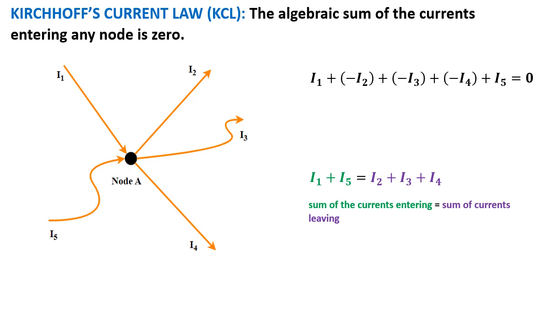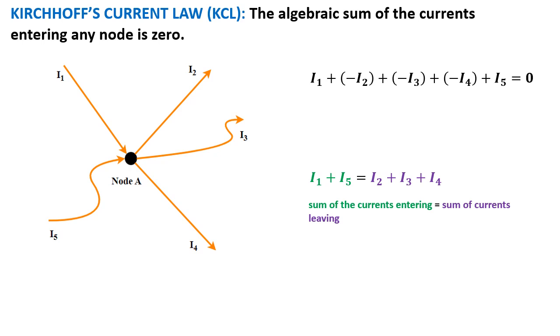The result of applying KCL for node A in the figure on your screen is right here. So you have I1 which is entering, then plus negative I2 plus negative I3 plus negative I4 plus I5. Notice that I2, I3, and I4 have negative signs. This is because those currents are leaving the node.